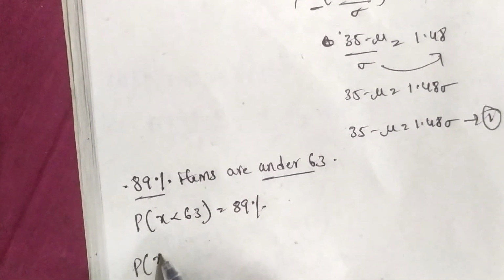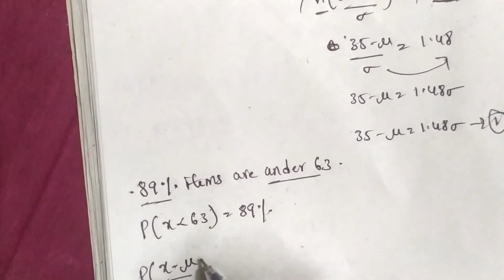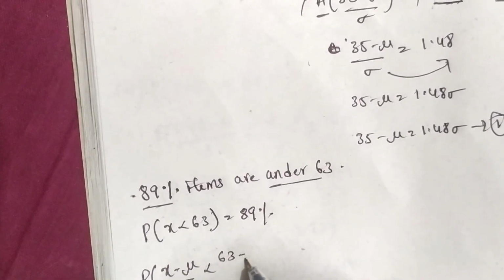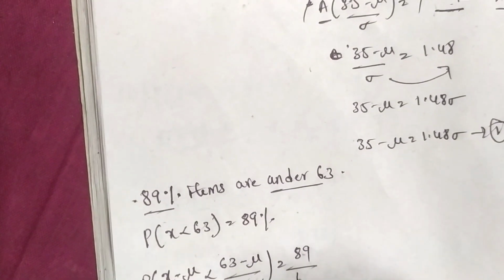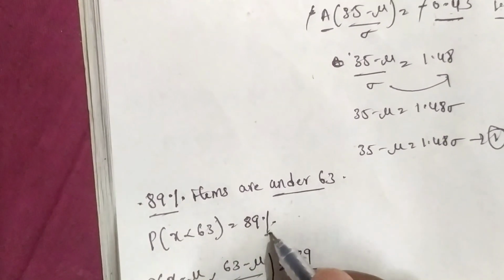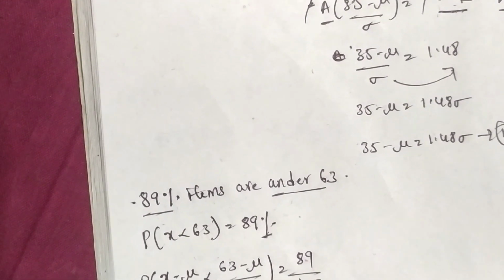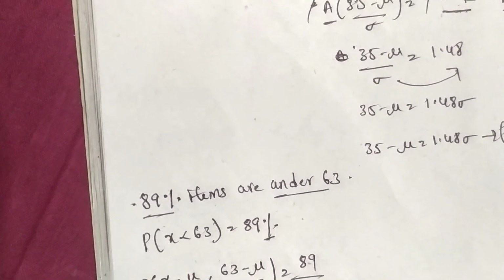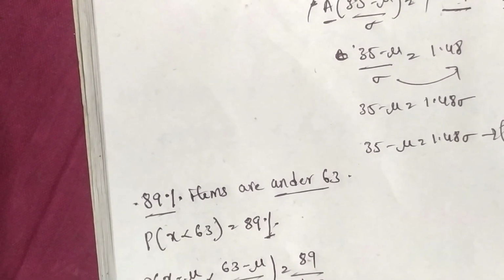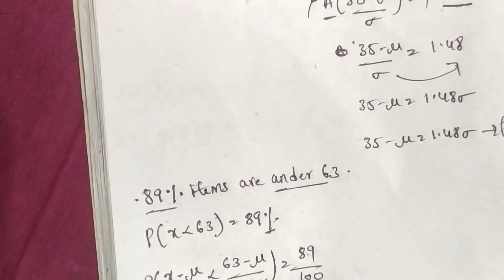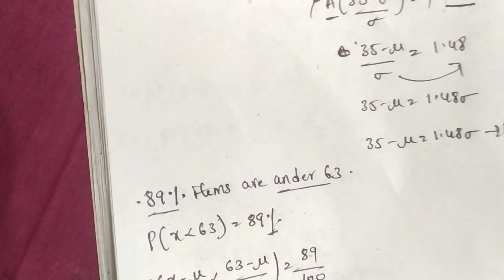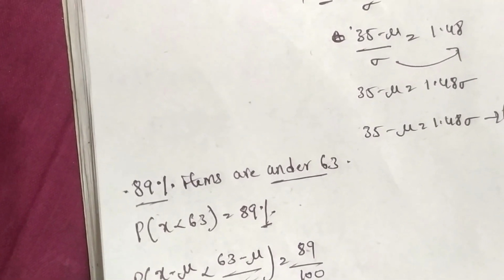P of (x minus mu) by sigma less than (63 minus mu) by sigma equals 89 by 100. Here 100 came for the percentage symbol. Here (x minus mu) by sigma means z, so z less than (63 minus mu) by sigma equals 0.89. 89 by 100 means 0.89.